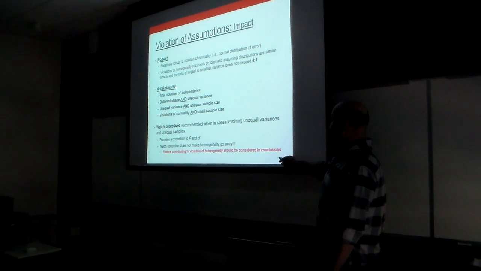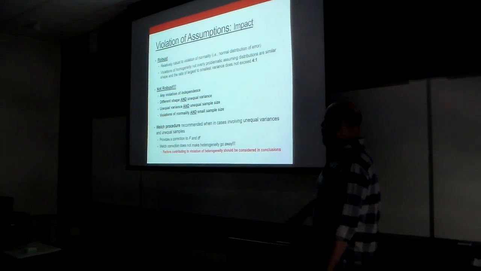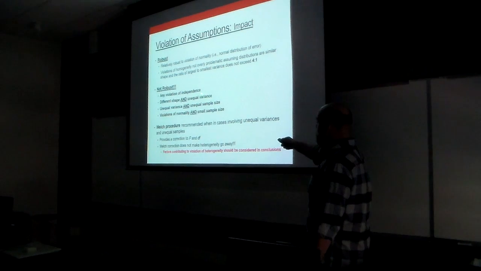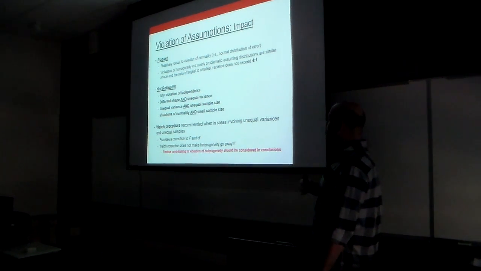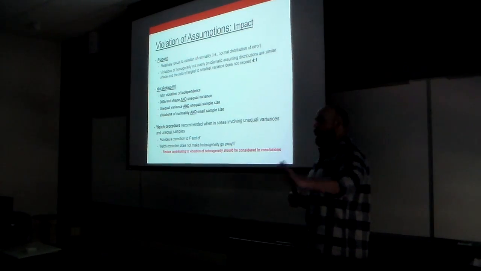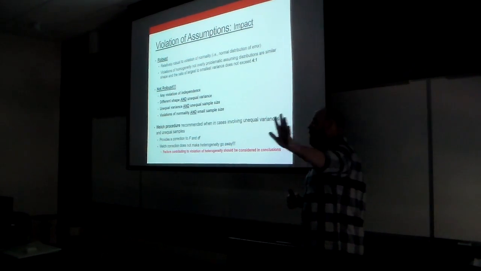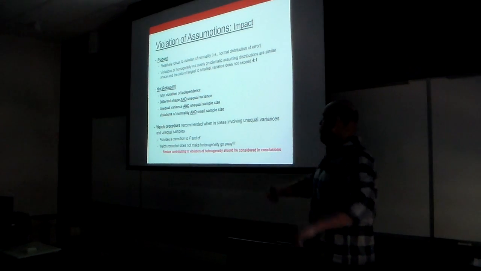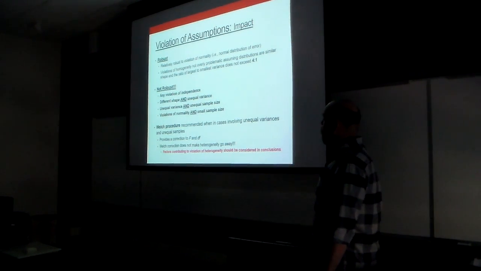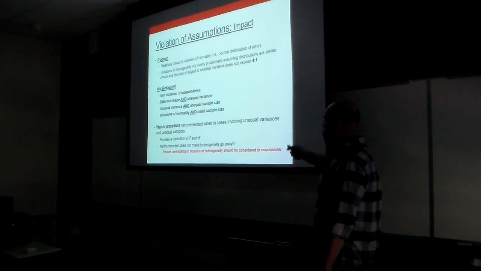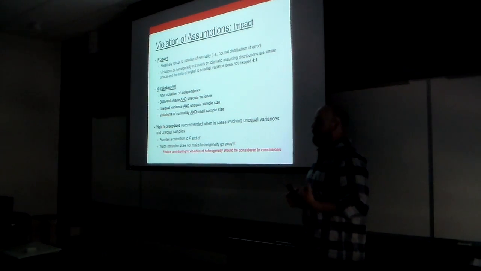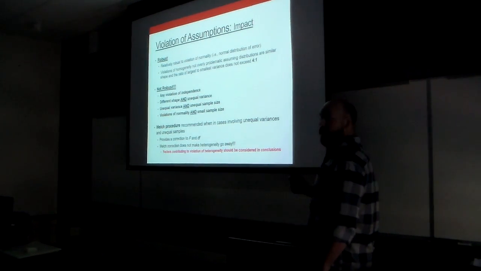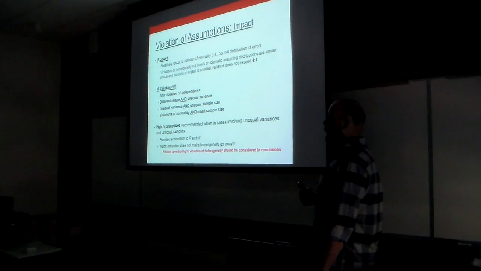If our groups have distributions with wildly different shapes, one has a massive positive skew, the other has a massive negative skew, combined with unequal variance, that's problematic. Unequal variance and unequal sample size, violations of normality and small sample sizes. As we start to double down on things, that's when stuff starts to get problematic and we start to have less confidence in our tests.